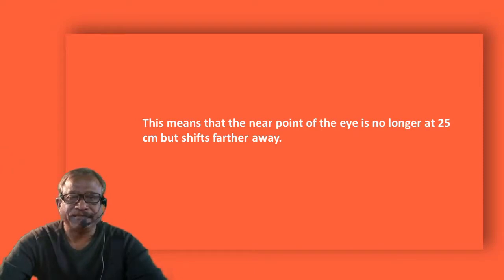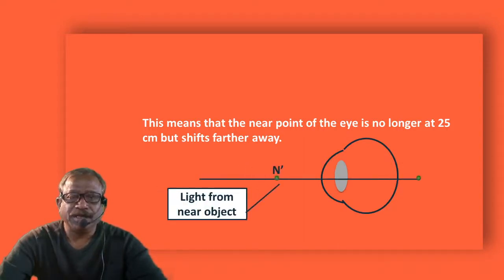This means that the near point of the eye is no longer at 25 centimeters but shifted further away. What is the meaning? If we consider the hypermetropic eye, then the rays coming from a nearer object, after refraction, do not fall on the retina.